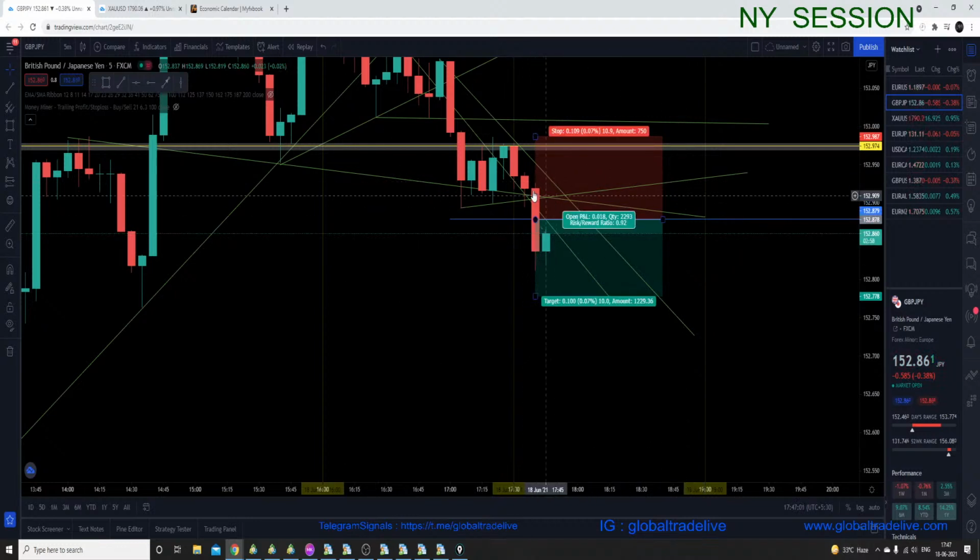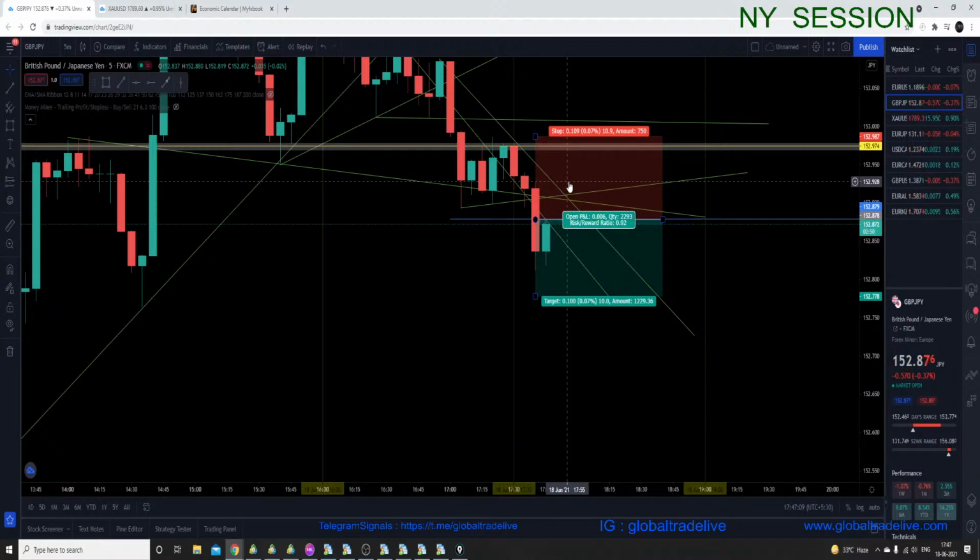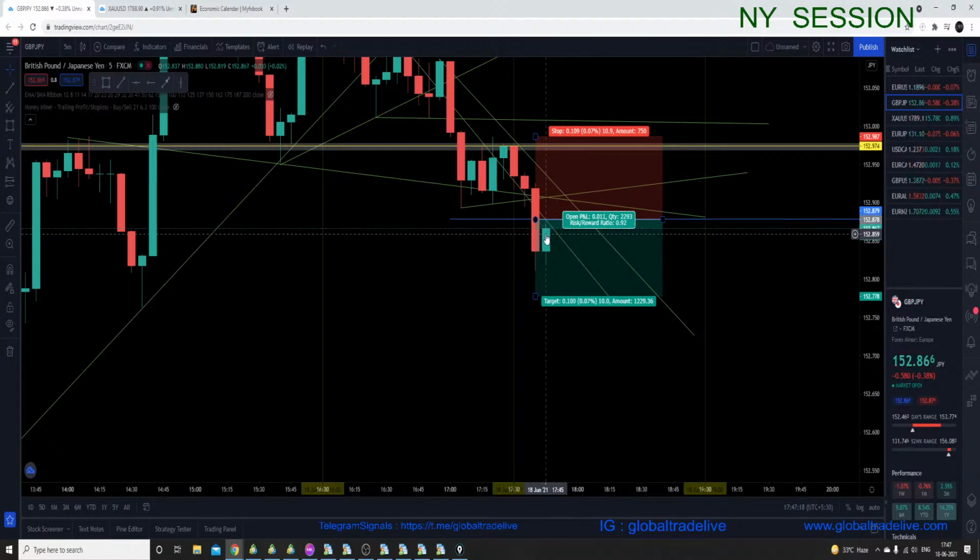So guys, here's the thing. What I'm going to do is, if this current 5-minute candle breaks above the high of the previous 5-minute candle, then I'm going to close half. Because I'm expecting this candle to respect this trend line and move further down.